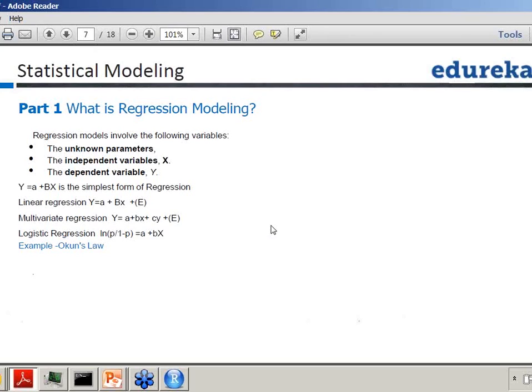So regression means trying to find out the relation between two kinds of variables. For example, I give you x and I give you y. So there is a dependent variable and an independent variable. What it means is, for example, time. Time is independent of anything. Time keeps ticking. It doesn't depend upon anything.